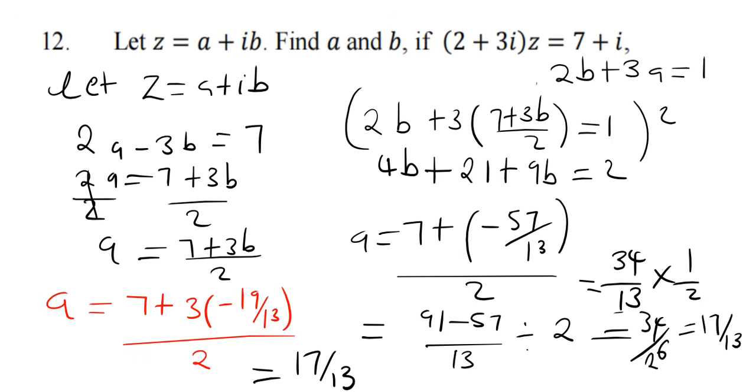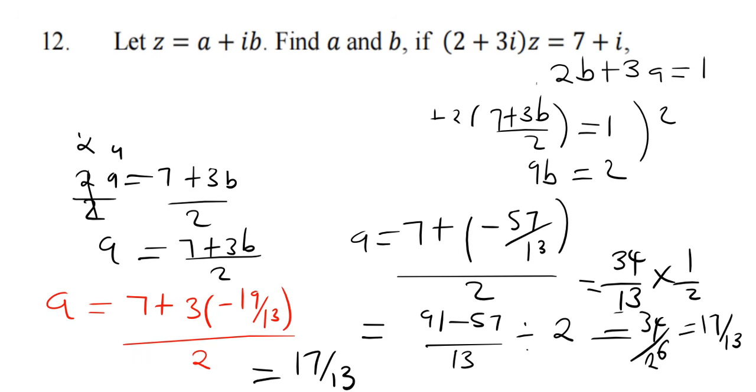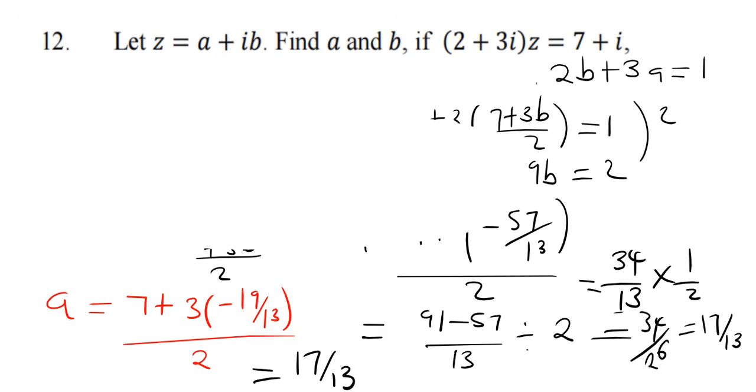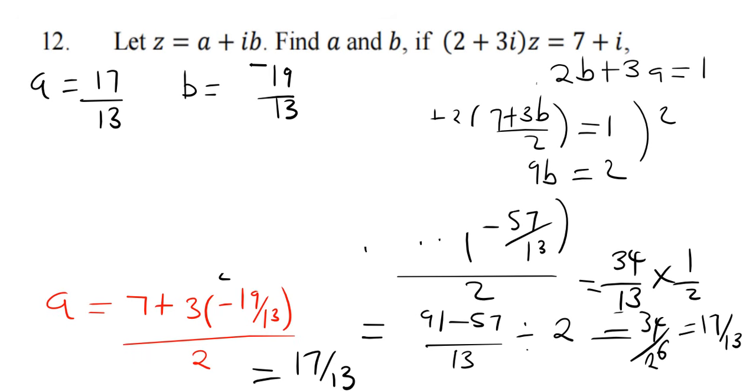So what is my final answer? That is the question. We found that a equals 17 over 13, and b was negative 19 over 13.